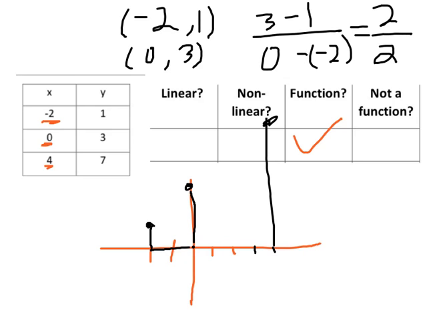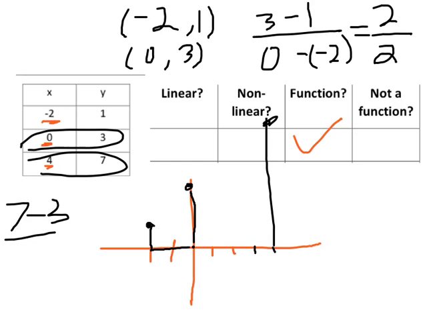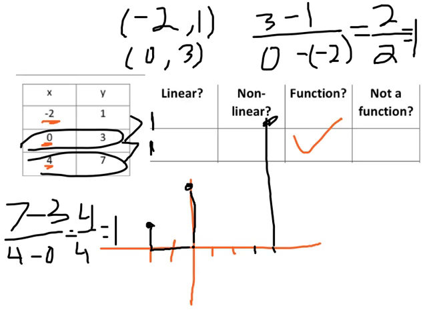And then if I do 2 more points, I'll do the bottom 2, 7 minus 3 over 4 minus 0, which is 4 over 4. This can be simplified to 1. 4 divided by 4 is 1, so can this. So is my slope between these points and these 2 points the same? Yes, it's both 1. So the answer is yes, it is linear.